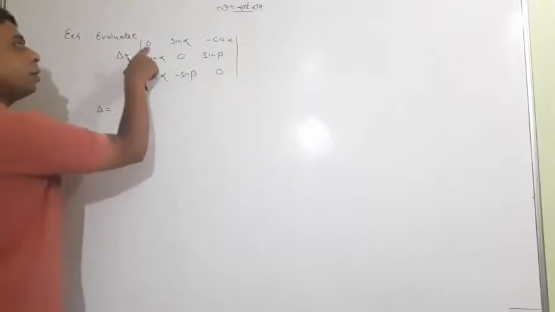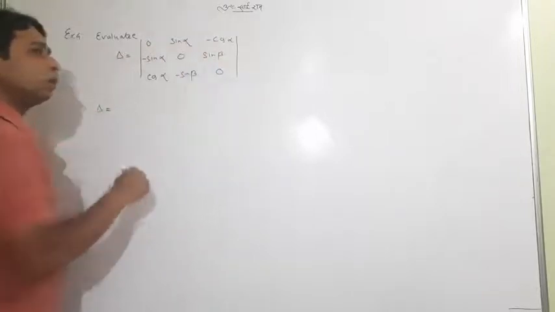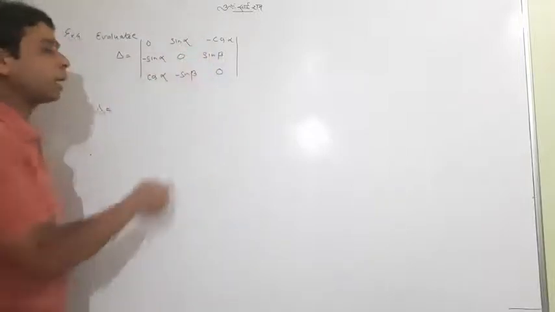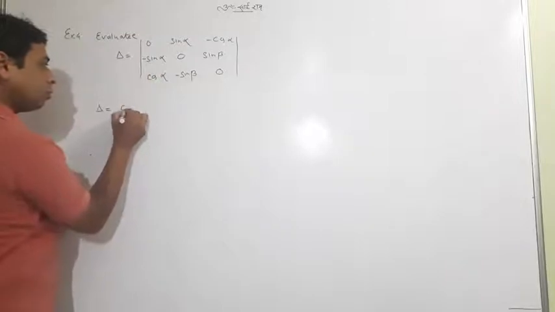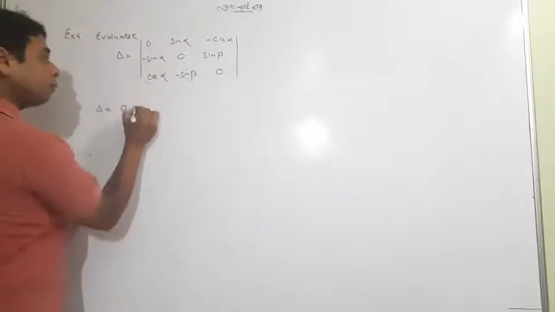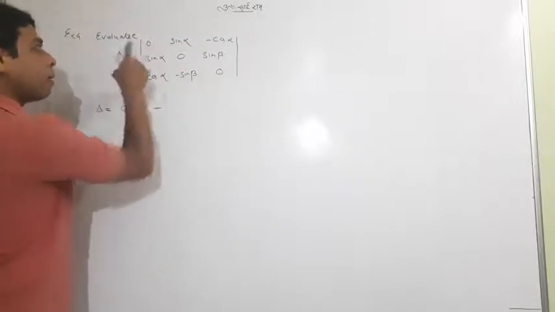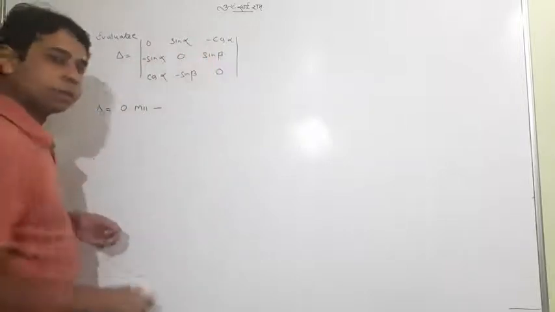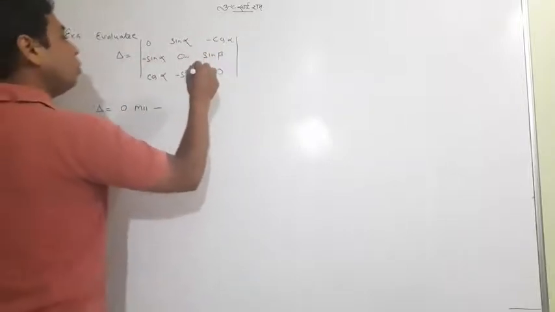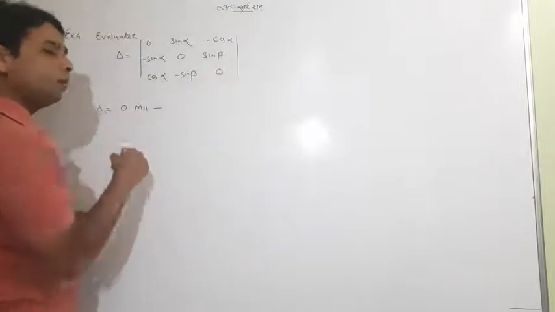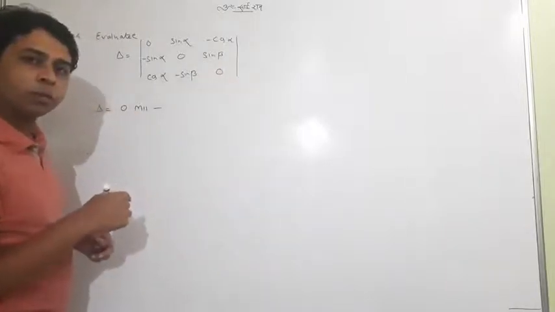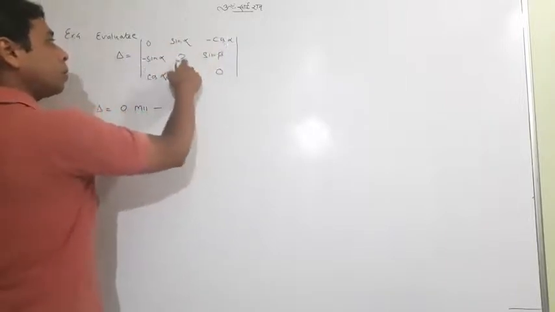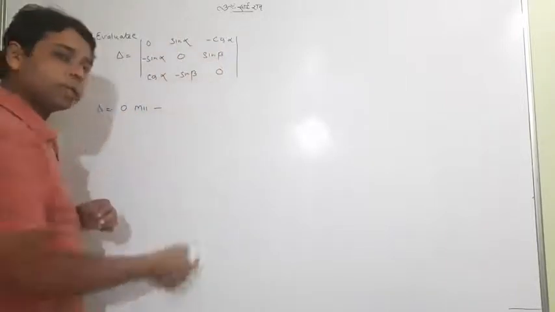First we write the elements along the first row, and with each element its minor. Like first I'll write 0 into its minor M11. You remember the sequence of signs: plus minus plus, minus plus minus, plus minus plus, like that.